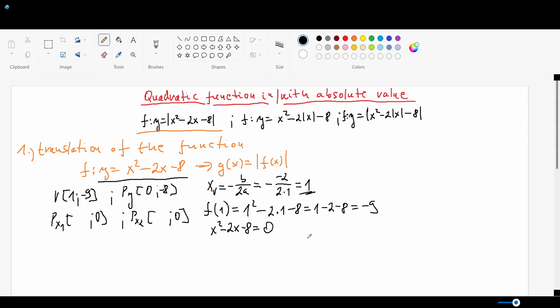In this case I prefer to do the factorization, which means I have to find 2 numbers so that if I add them up I will get -2, and if I multiply these 2 numbers I will get -8. So the question is what are these numbers, and the answer is very simple. You just do -4 plus 2, which is -2, and -4 times 2 is equal to -8.